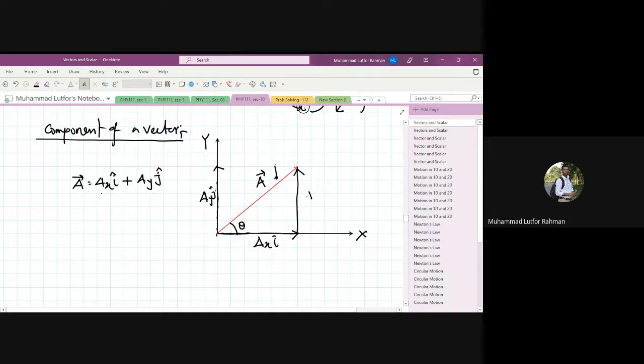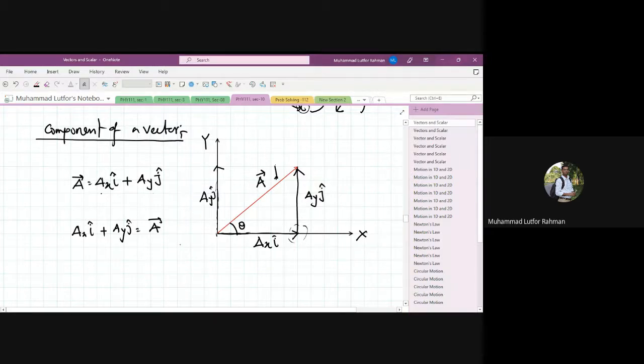This is the new position of Ay j, and these two vectors are again connected head to tail. Then definitely I can write, by the vector triangle law, Ax i hat plus Ay j hat. That's going to be my resultant vector A. That's how I express the vector in the two-dimensional case.